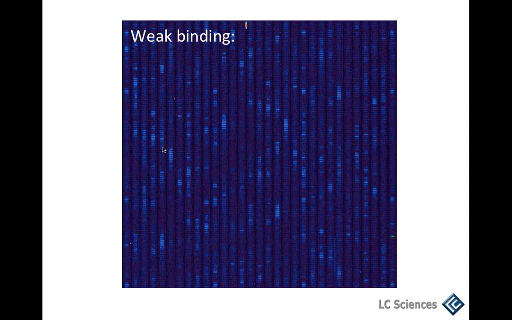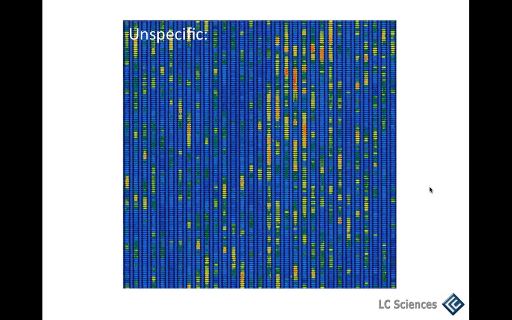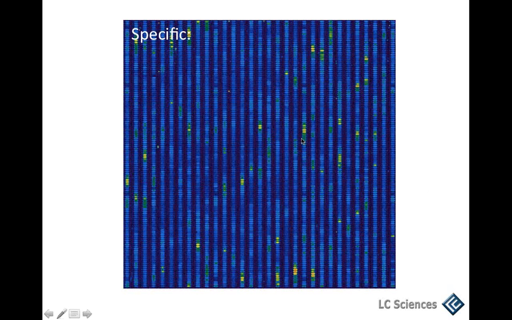So then another case is this one, which shows a lot of binding and looks just too much and rather unspecific. And then the ideal case is an antibody like this, where you have only very select, highly specific binding to the epitope. So these are just a few examples.